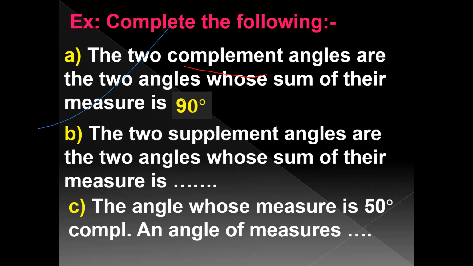The two supplementary angles are the two angles whose sum of measures is what? 180 degrees. Supplementary angles, their sum is 180 degrees. The angle whose measure is 50 is complementary to an angle of measure what? Angles are complementary if their sum is 90 degrees. So if one of them is 50, the other will be 90 minus 50, which equals 40 degrees.